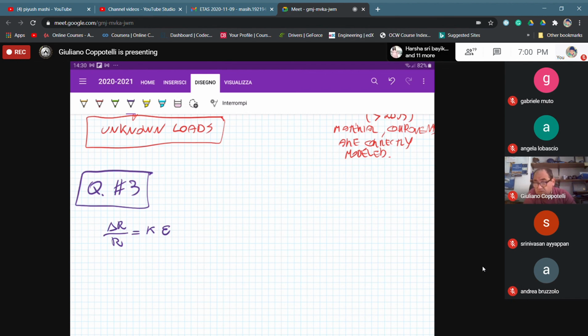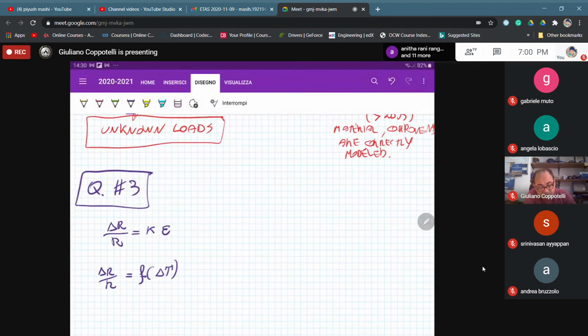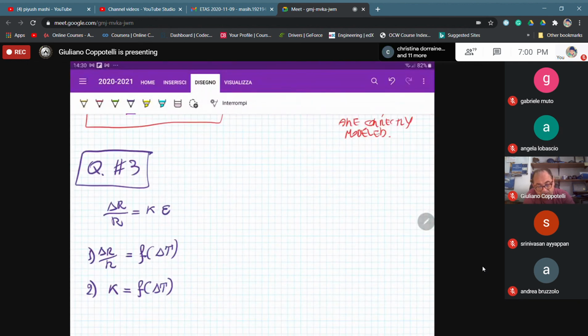So what we have to discuss is that your delta R over R is a function of the change of temperature, that your K also is a function of the temperature, and third, that your strain also depends on the temperature.